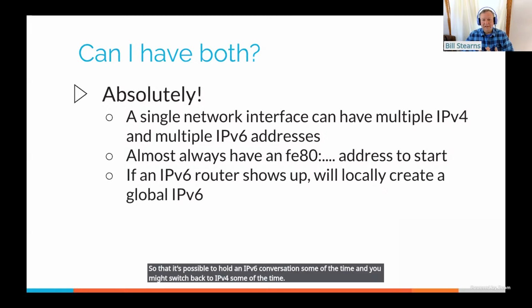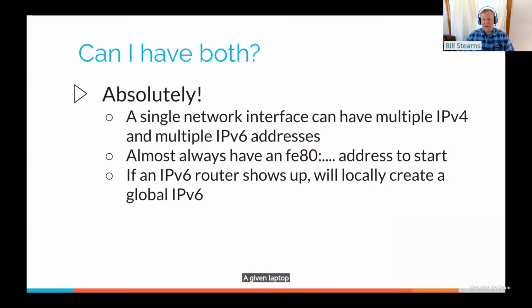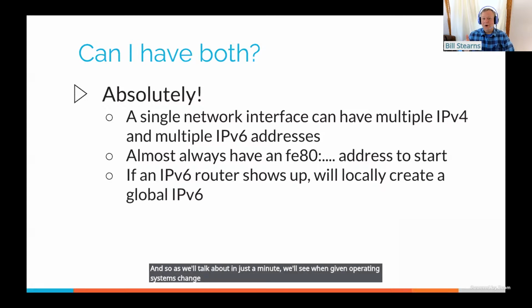A given laptop will have both kinds of addresses in many cases. My laptop right here, right now, has both IPv6 and IPv4 addresses. And as we'll talk about in just a minute, we'll see when given operating systems choose one over the other.